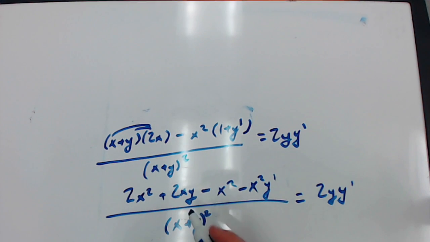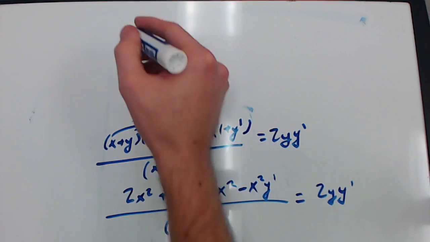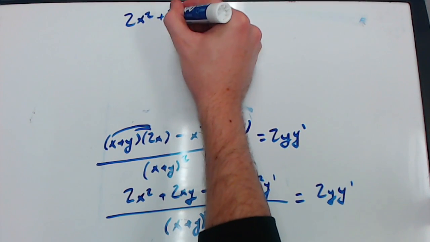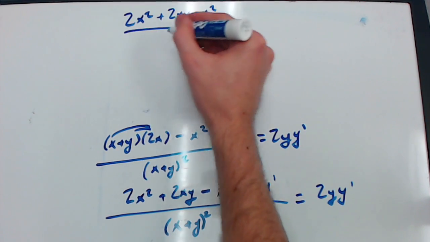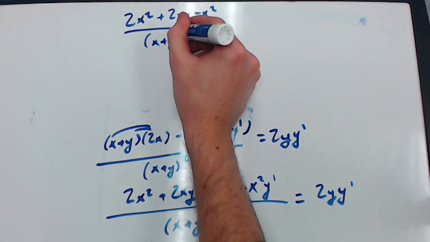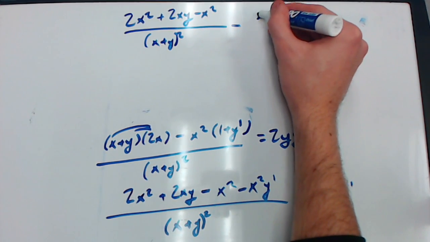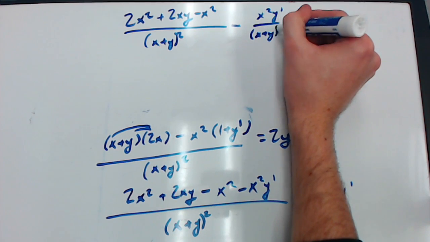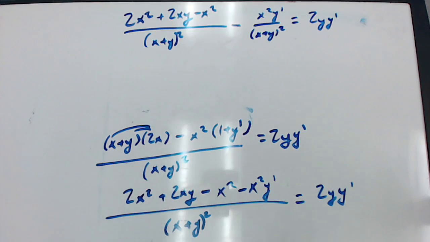So from here, anything that's added or subtracted to one another in a fraction can be broken up. So we're going to have our 2x squared plus 2xy minus x squared all over x plus y squared, minus our x squared y prime over x plus y squared. That's equal to our 2y y prime.